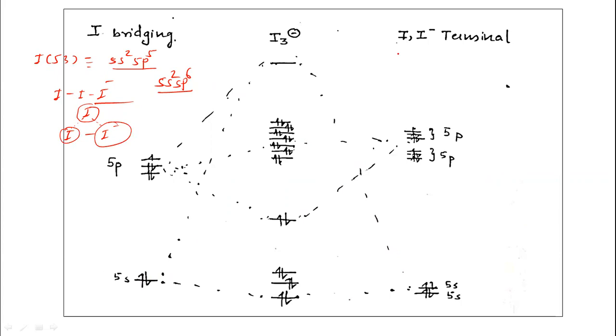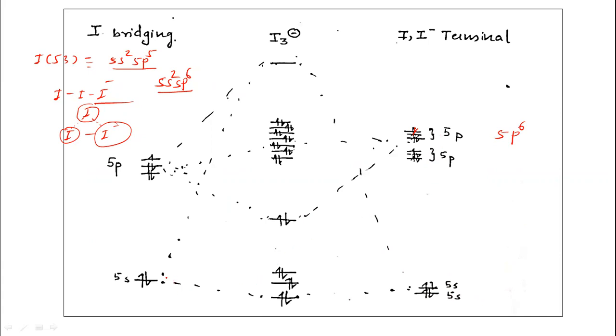So with the extra electron, 8 electrons are there: 5s2 for one iodine, 5s2 for the other iodide ion, and 5p5 for one and 5p6 for the other, with one electron extra due to the iodide ion.